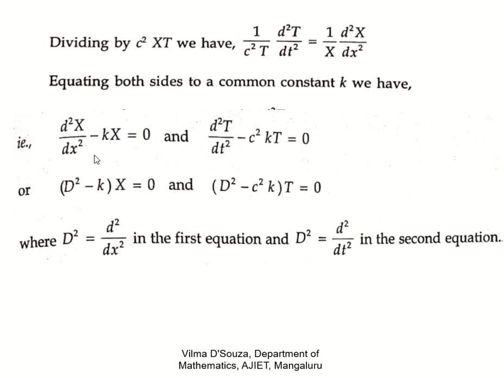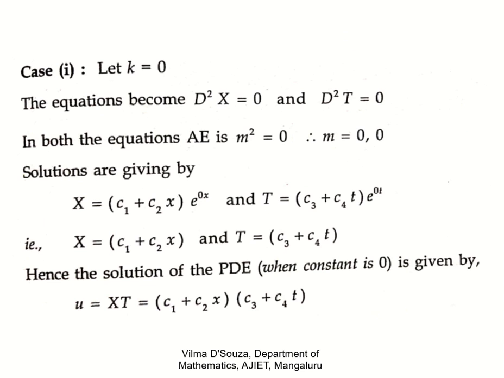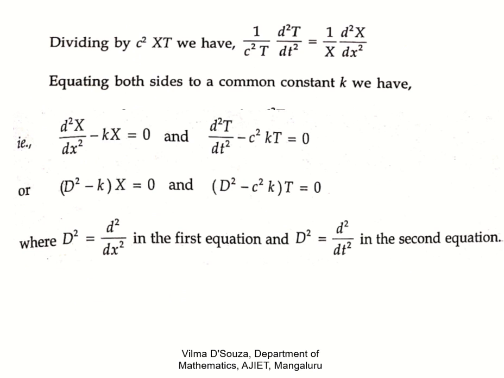Now this is an ordinary differential equation in the variable x, and here an ordinary differential equation in t. Depending on the value of k, you are considering many cases here. The first case: let k equal 0. When k equals 0, what happens here?